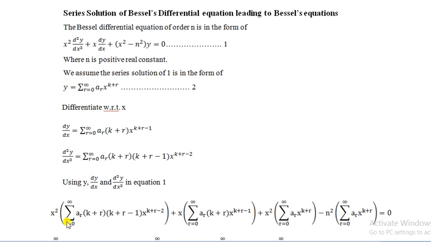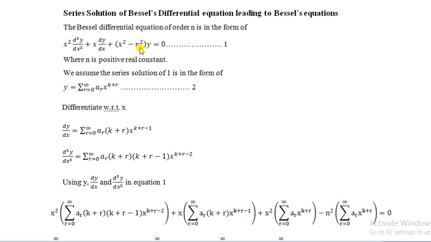So equation 1 becomes x square, in place of d square y by dx square we use its right hand side, plus x into dy by dx. So dy by dx is ar k plus r x raised to k plus r minus 1, plus now multiply (x square minus n square) into y.